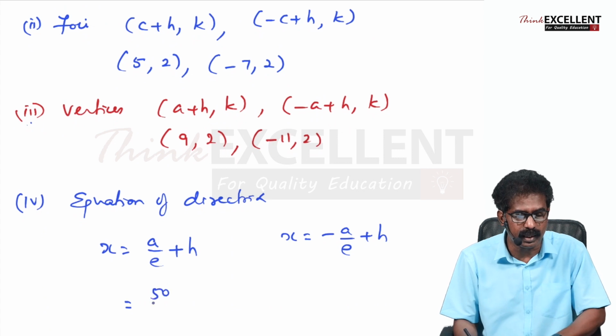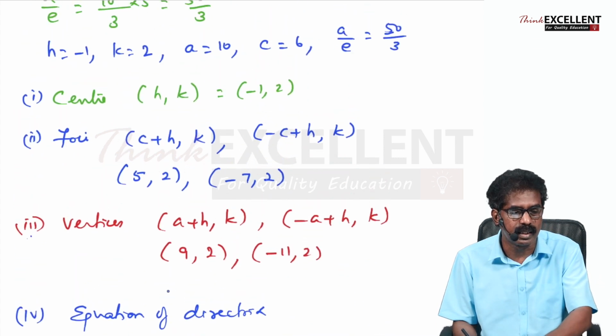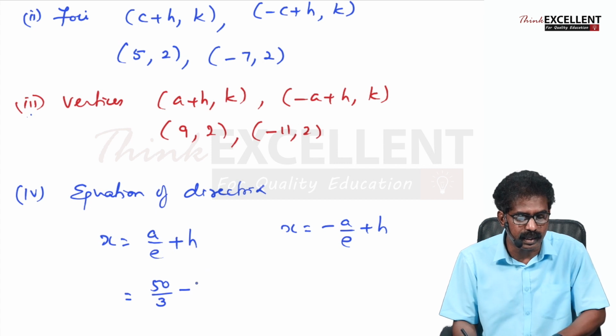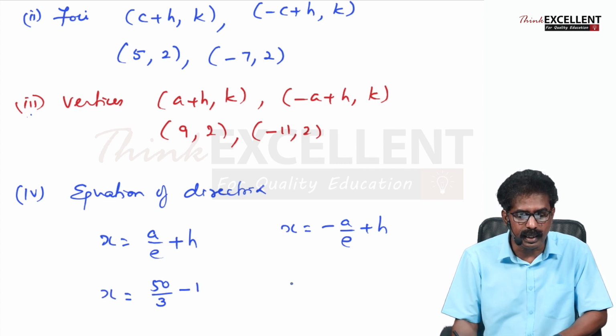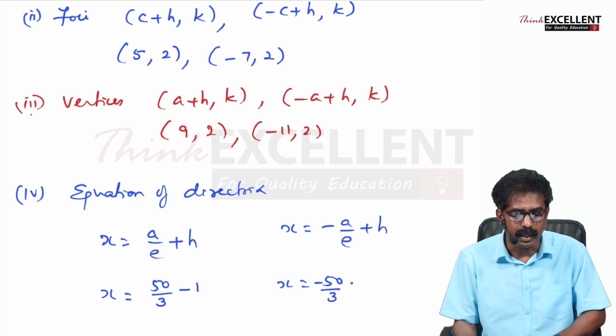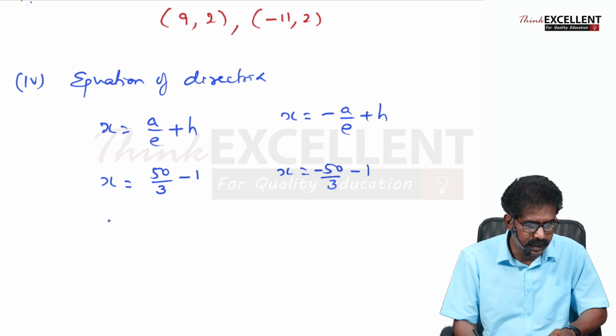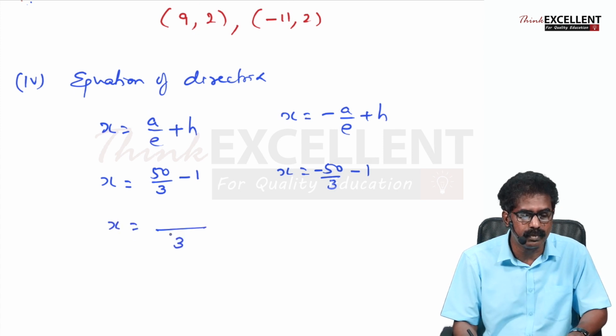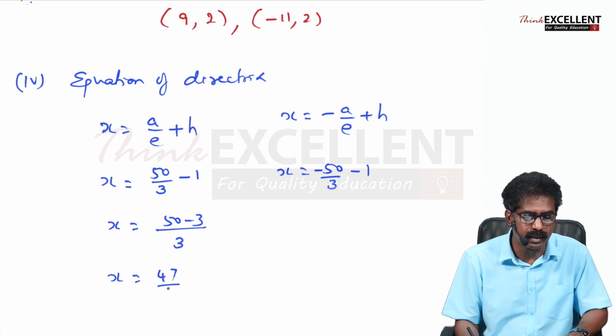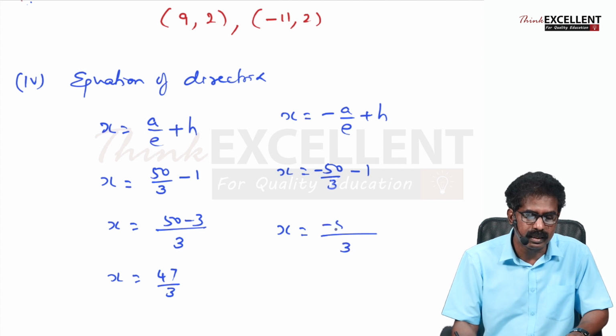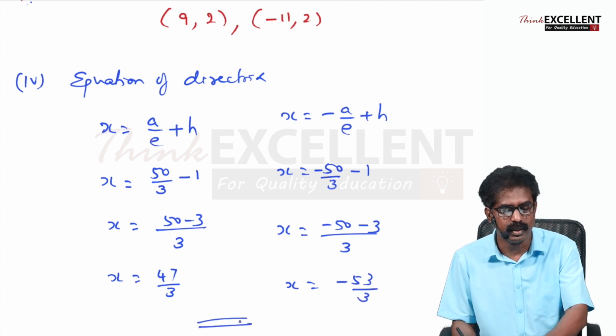So 50 by 3 plus H, H value minus 1, 50 by 3 minus 1. And another one, x equal to minus 50 by 3 minus 1. So take LCM 3: 50 minus 3, so x equal to 47 by 3. And the other one, take 3 LCM, minus 50 minus 3, so x equal to minus 53 by 3. Okay, hope you understood all these things.